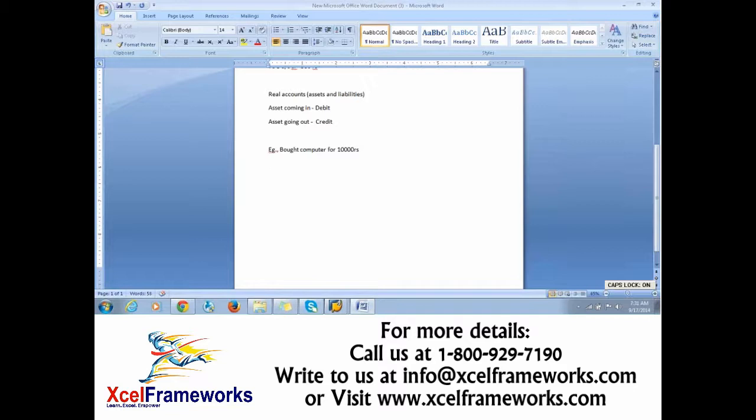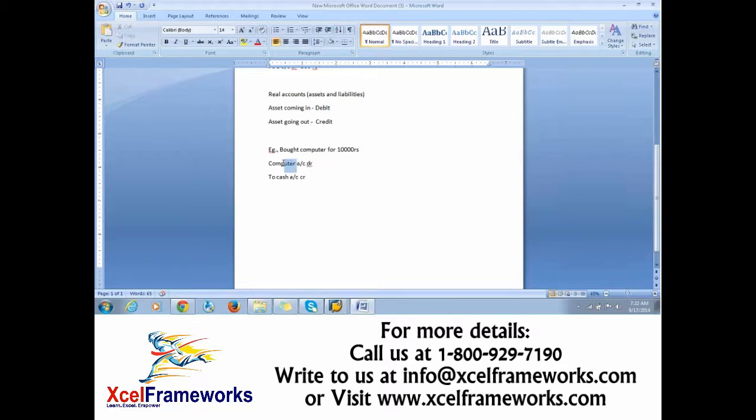So in this case, computer account is called asset account, right? So computer account debit to bought. Bought means we have purchased it. So to cash account. I'll tell you how we got cash account.